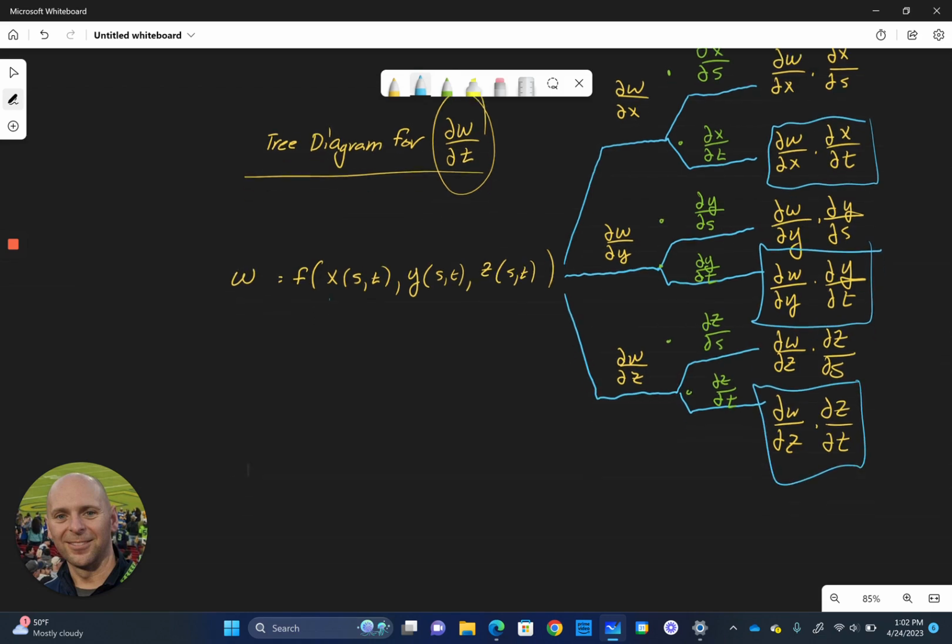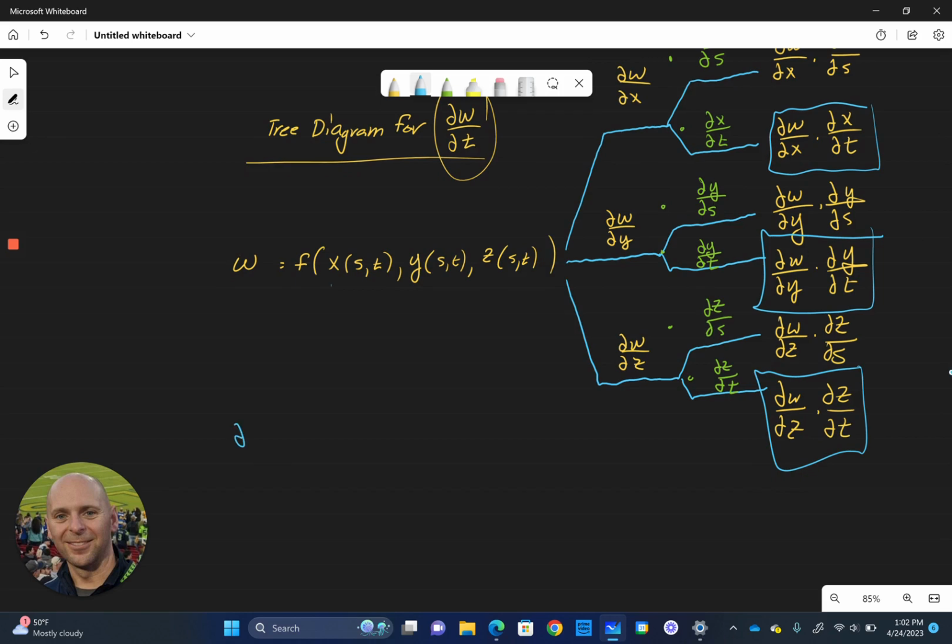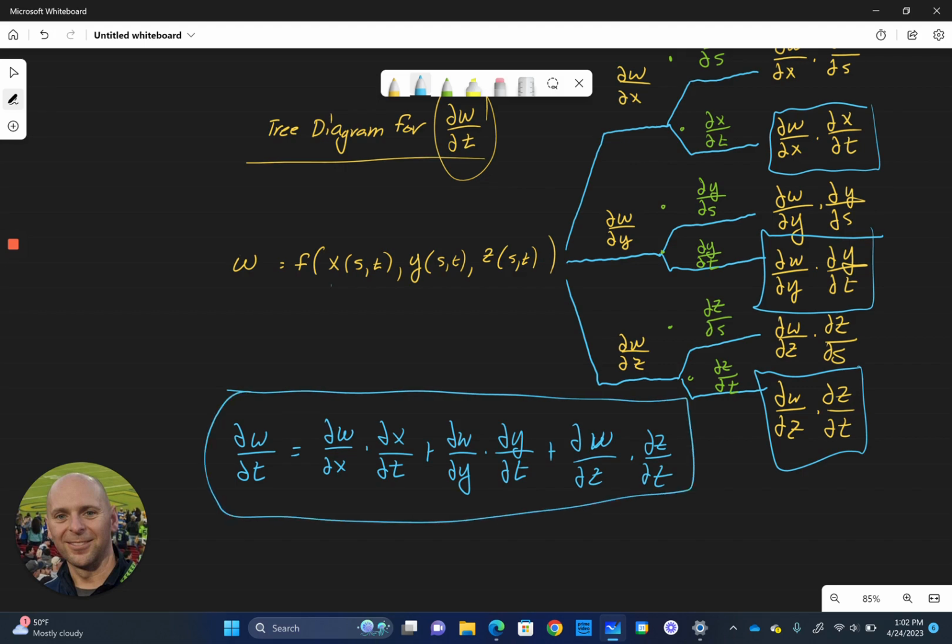We then add those three together, and we have the partial of w with respect to t is going to be the partial of w with respect to x times partial of x with respect to t plus the partial of w with respect to y times partial of y with respect to t plus partial of w with respect to z times the partial of z with respect to t. So it's a long one, but there it is.